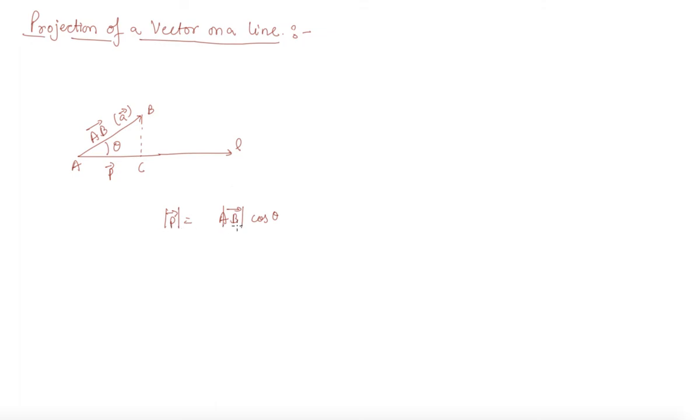The magnitude is given by the magnitude of vector AB into the cosine of angle theta. I hope you are now pretty clear about what the projection of a vector on a line is.